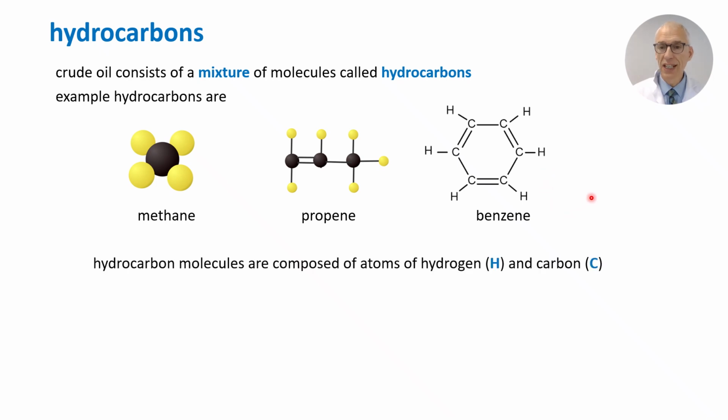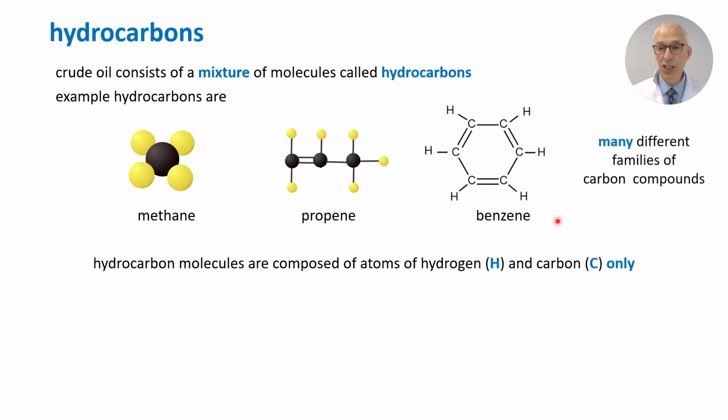As we can see, the hydrocarbons are composed of hydrogen and carbon. We've got yellow hydrogen, black carbon, or symbols for hydrogen and symbols for carbon. A key word is needed in this description: only. So hydrocarbons are composed of hydrogen atoms and carbon atoms only.